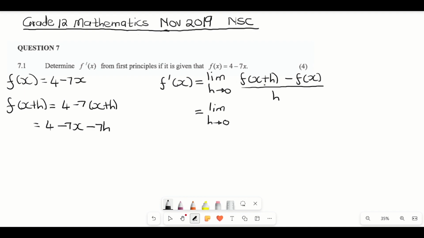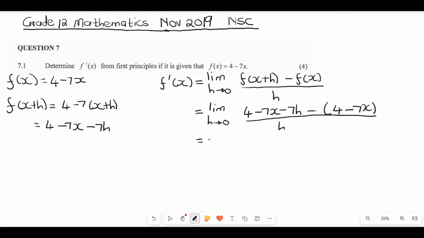So our f of x plus h, we worked it out to be 4 minus 7x minus 7h, minus our f of x, which is 4 minus 7x, all over h.